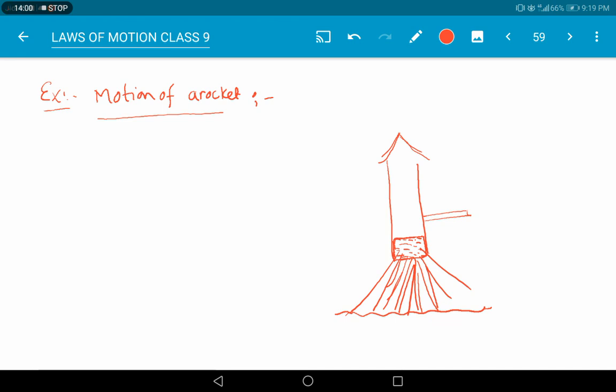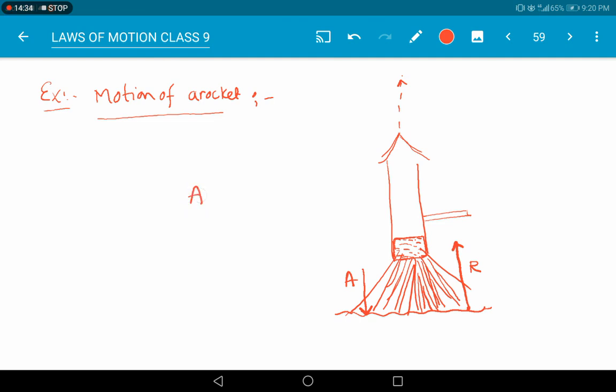The gases ejected from the rocket apply some force on the ground, and due to this greater speed of the gases and greater force on the ground, an equal and opposite force acts on the rocket. So action and reaction, and the rocket takes off easily due to this phenomenon.